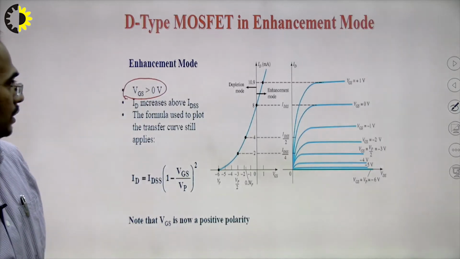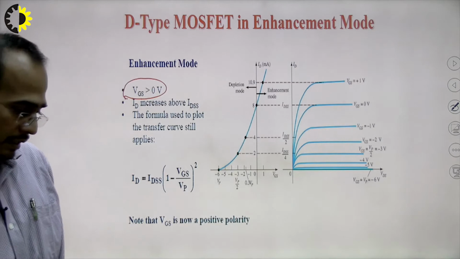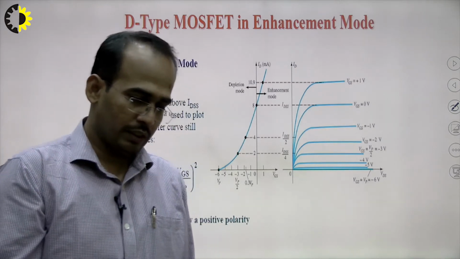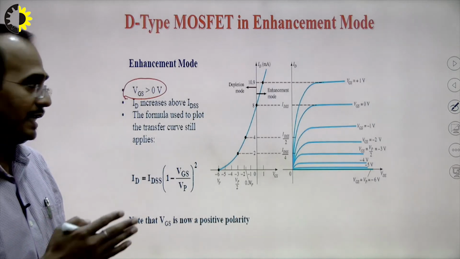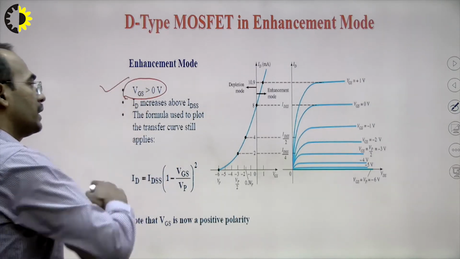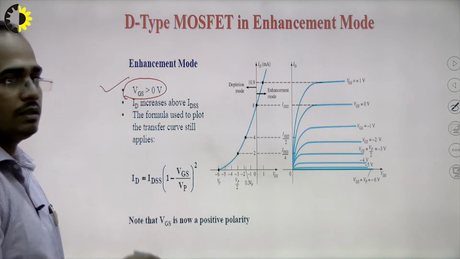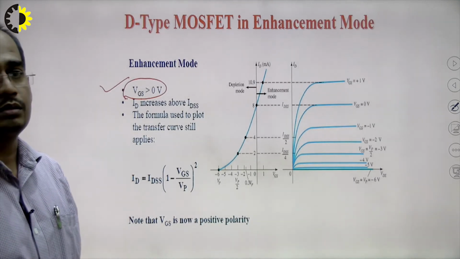Therefore, this is called the depletion mode. In enhancement mode, by increasing the gate to source voltage VGS, the drain current ID increases and it crosses the value of drain to source saturation current.